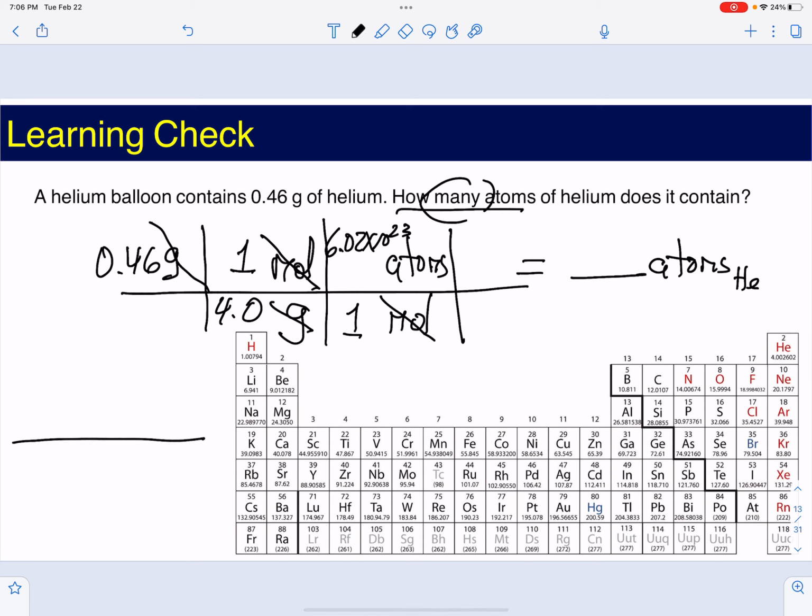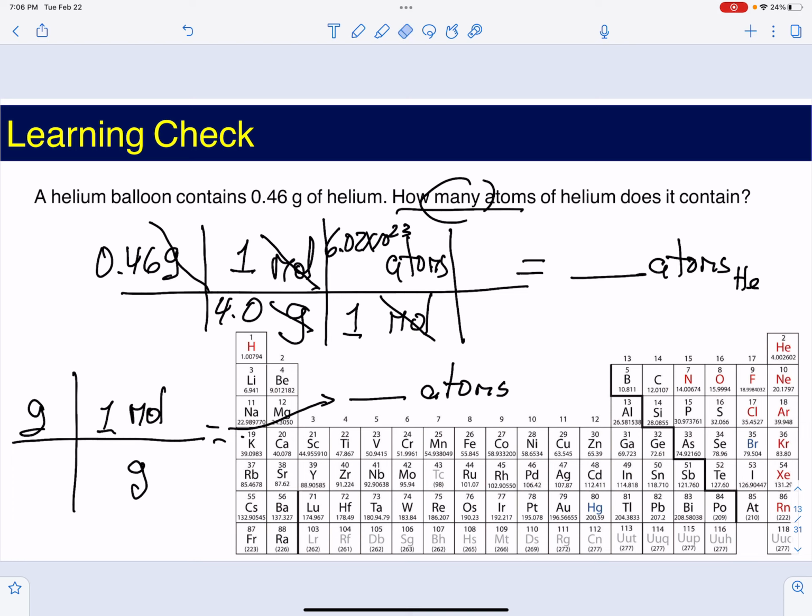If you are trying to go from grams to atoms, you know that grams are going to go with moles, right? And this is always 1 mole. But you also know that 1 mole is the same as 6.02 times 10 to the 23rd.